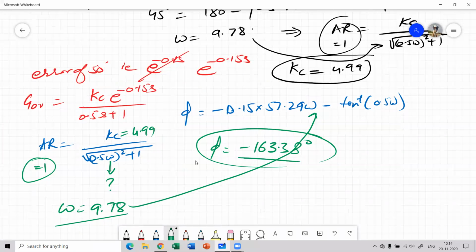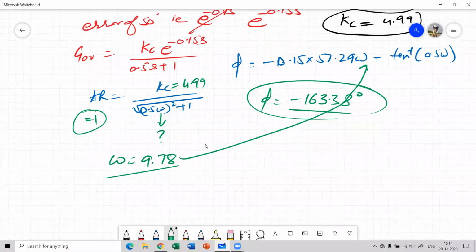Clear? So this is how we tune a system using gain margin and phase margin.